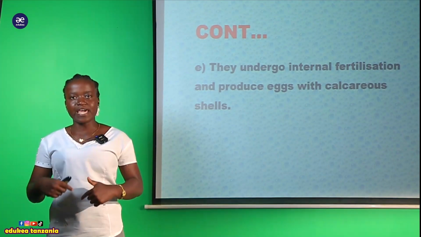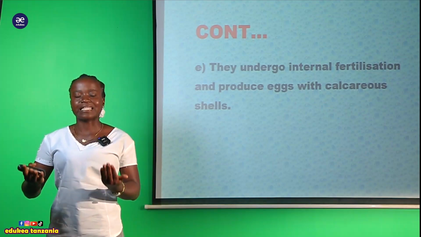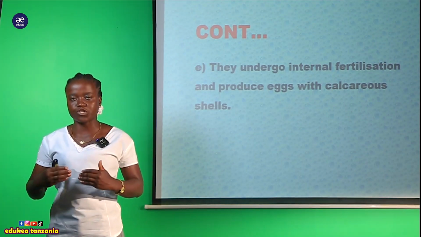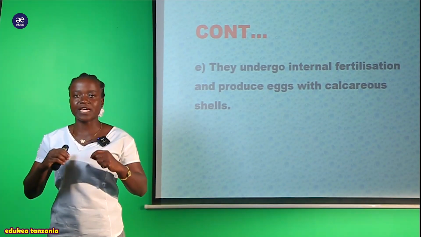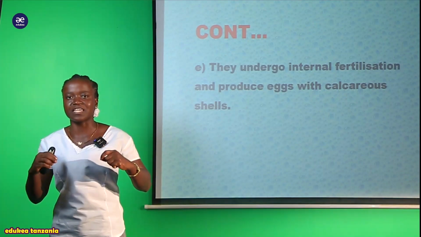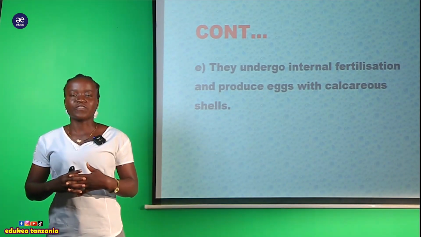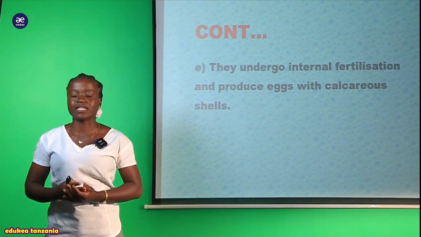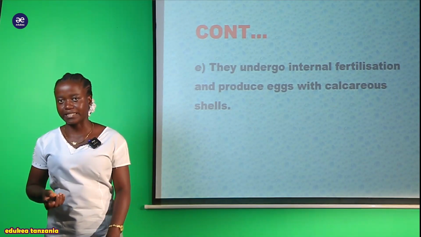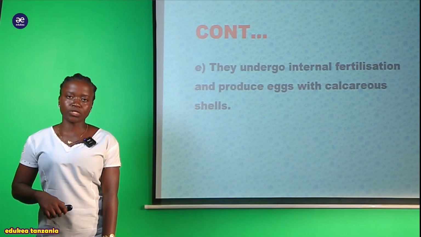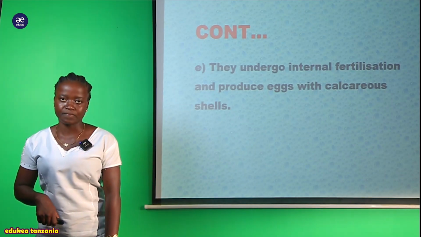Within their eggs, calcium is one of the elements found. Meaning that in the outermost shell of the egg there is a large amount of calcium. So that is the structure of these organisms.